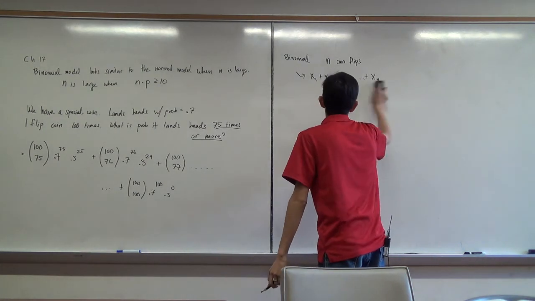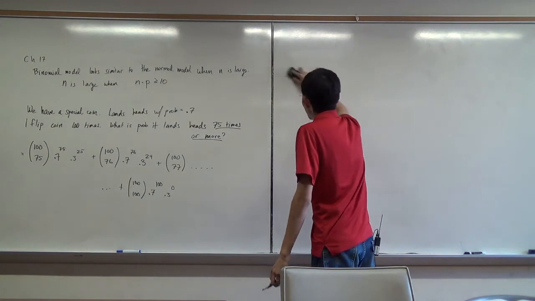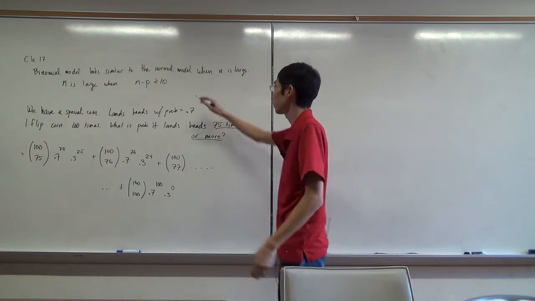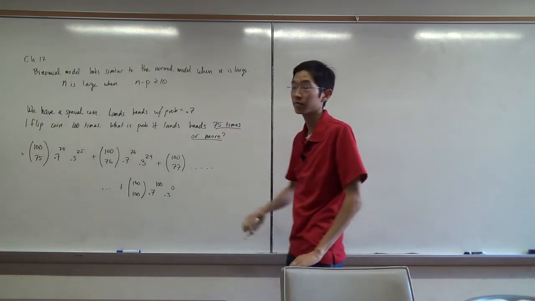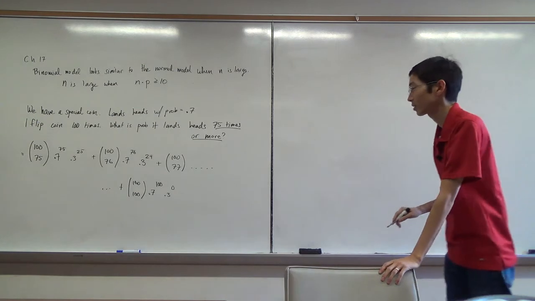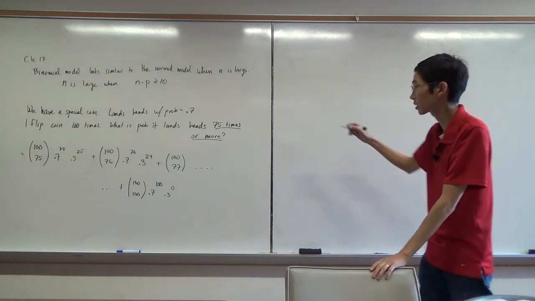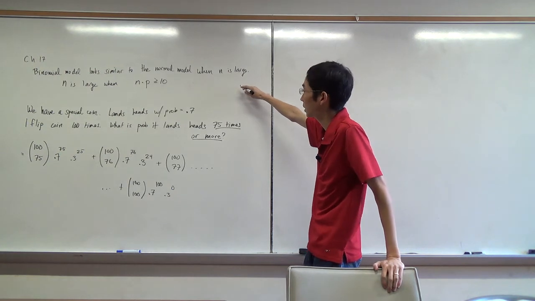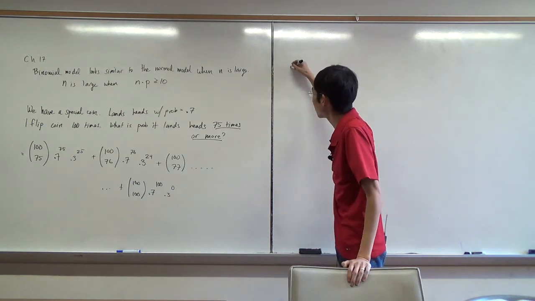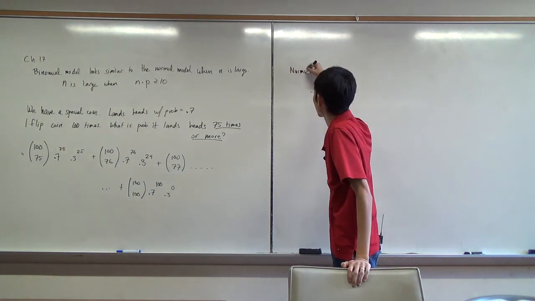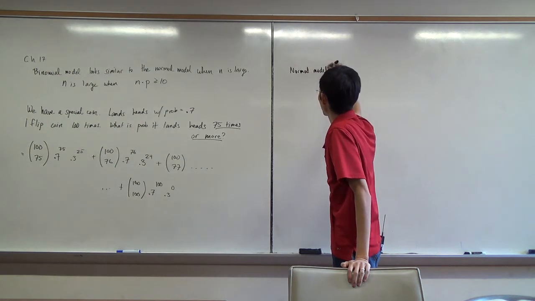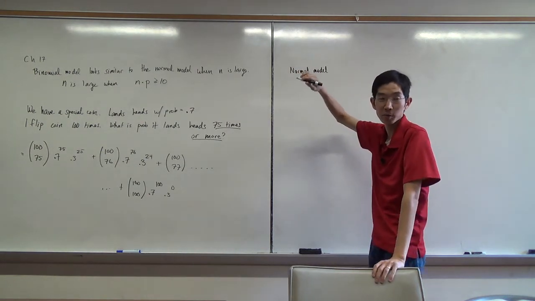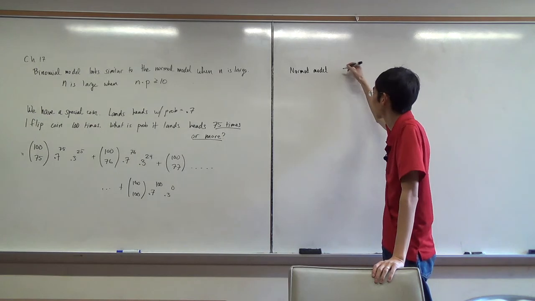So we will use this feature to help us out. The binomial model looks a lot like the normal model when n is large. The normal model is defined by two parameters. And what are those two parameters?